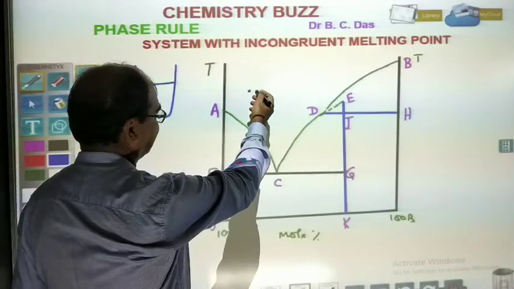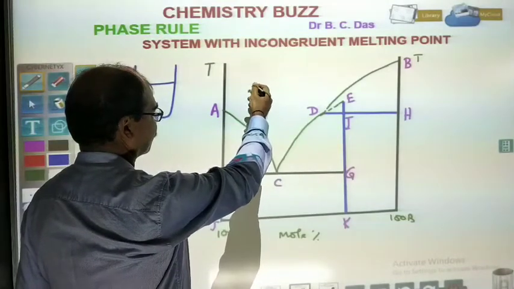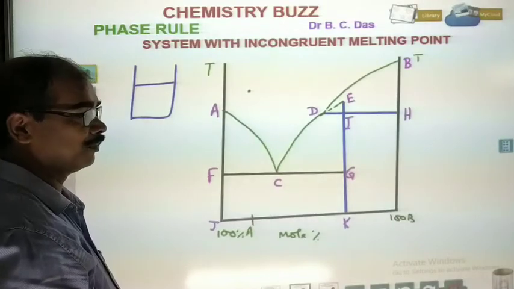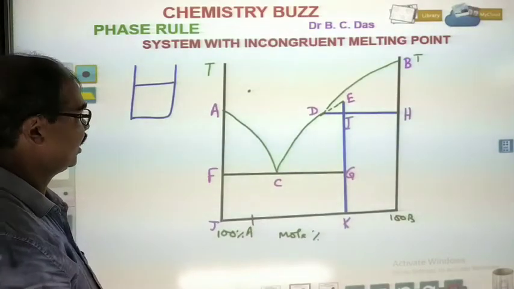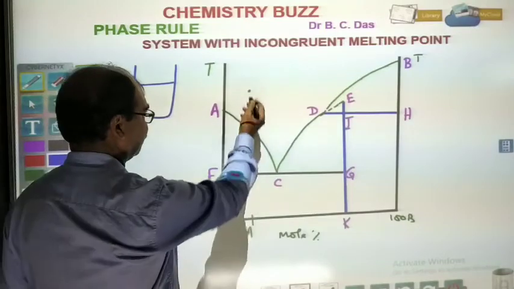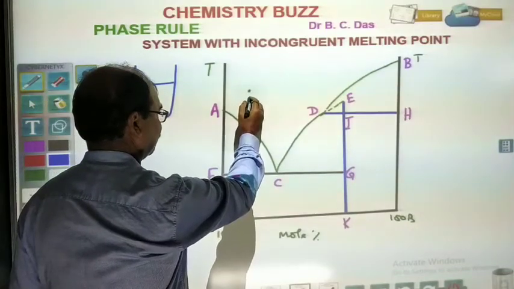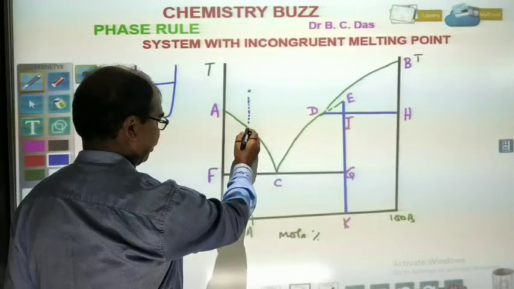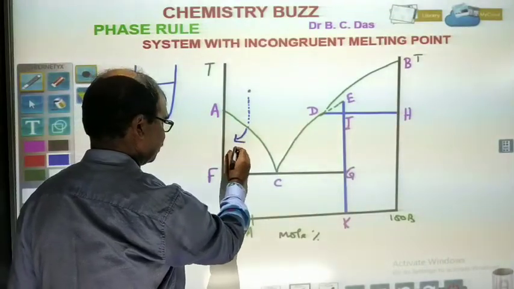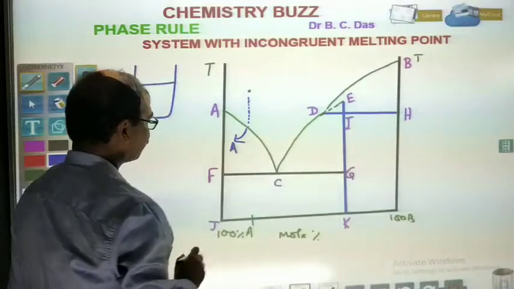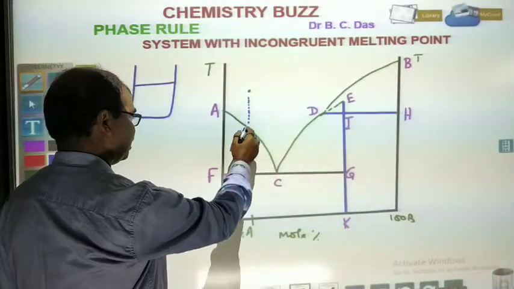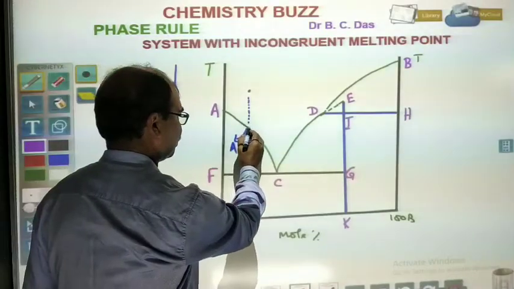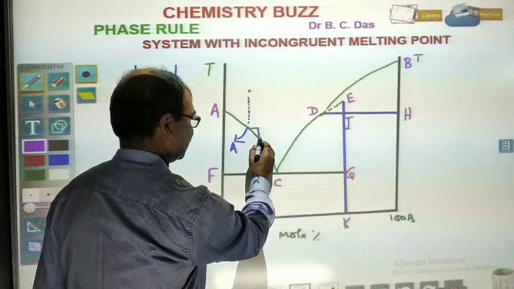In this melting condition, they react to form a compound AB. If this composition is cooled, then at this point the first separation of solid A starts, and as solid A separates out, the composition of the solution changes.